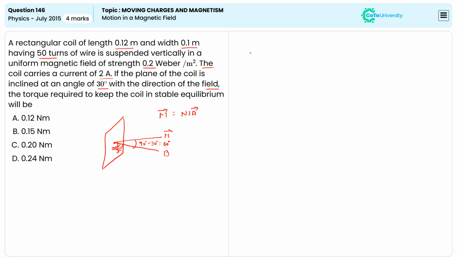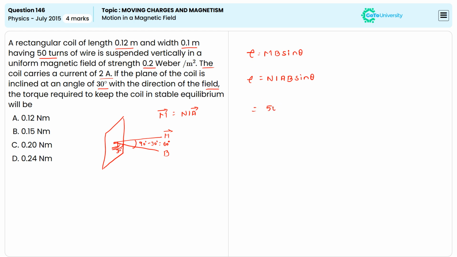We need to find the torque required in the stable equilibrium. We know that torque is equal to MB sine theta. We can write this in terms of known quantities: torque is equal to NIAB sine theta. Then substitute the values.